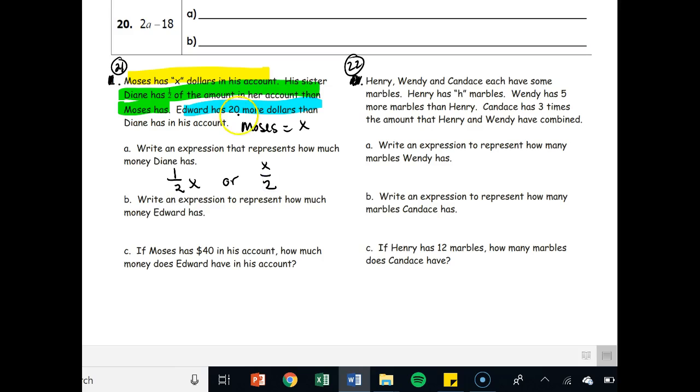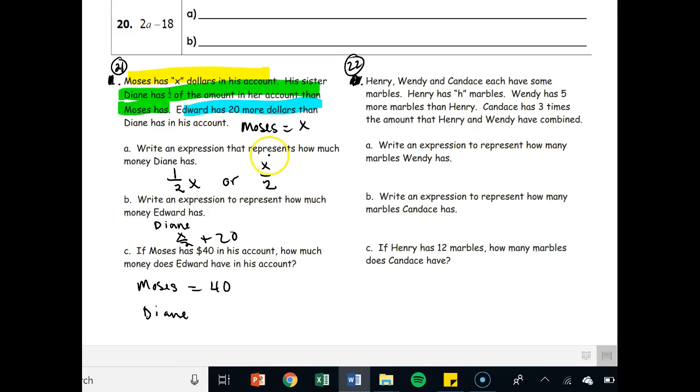Okay, and it says write an expression to represent Edward. So Edward has just 20 more dollars than Diane. So let's put Diane down, which was x over 2, and Edward's got 20 more. So x over 2 plus 20, right? And finally, if Moses has 40 bucks in his account, then how much money does Edward have? So if Moses has 40, Diane has half that amount, right?